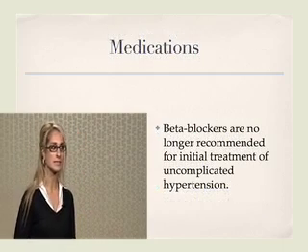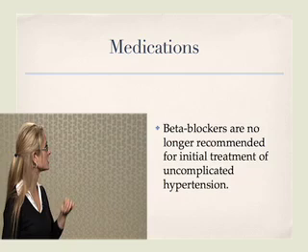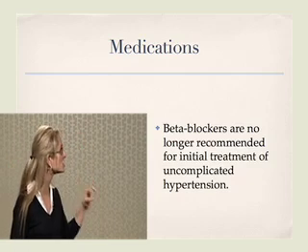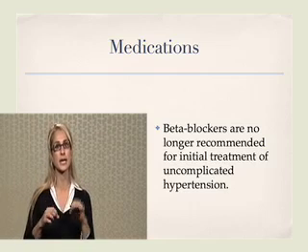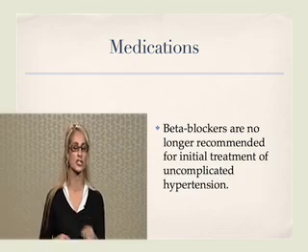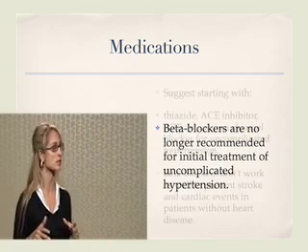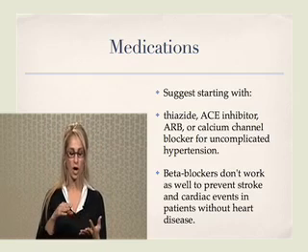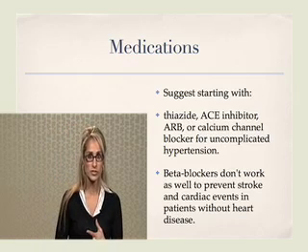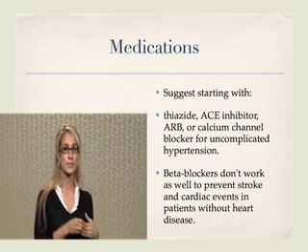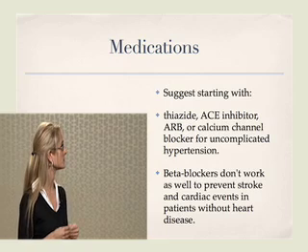Slide 19. Beta blockers are no longer recommended for initial treatment for uncomplicated hypertension. We already went through that. If you have uncomplicated hypertension, you're never going to add a beta blocker. What are you going to start with? We talked about it. ACEs, ARBs, you can add calcium channel blockers. You can, of course, always add a thiazide, but we never add a beta blocker.